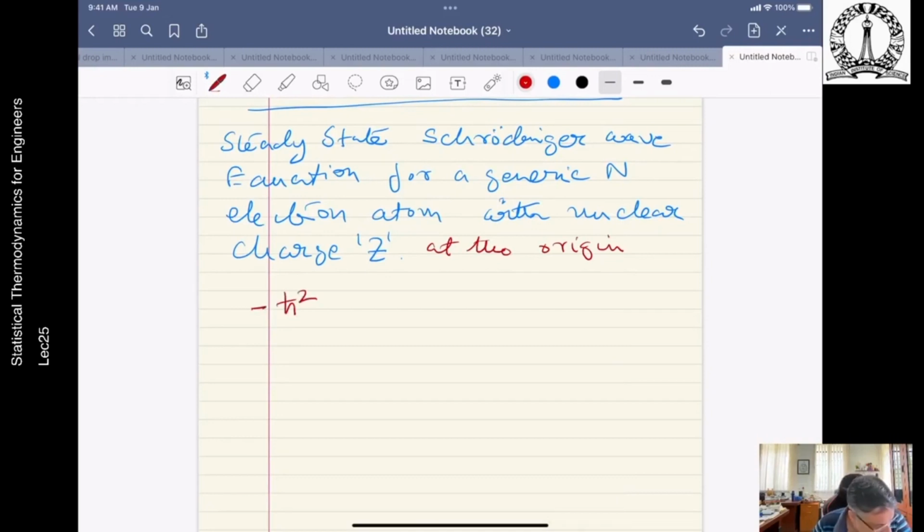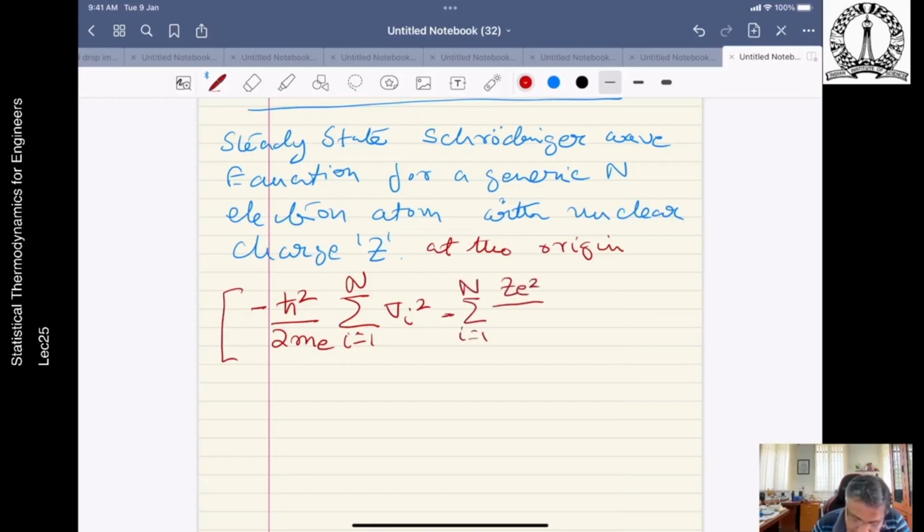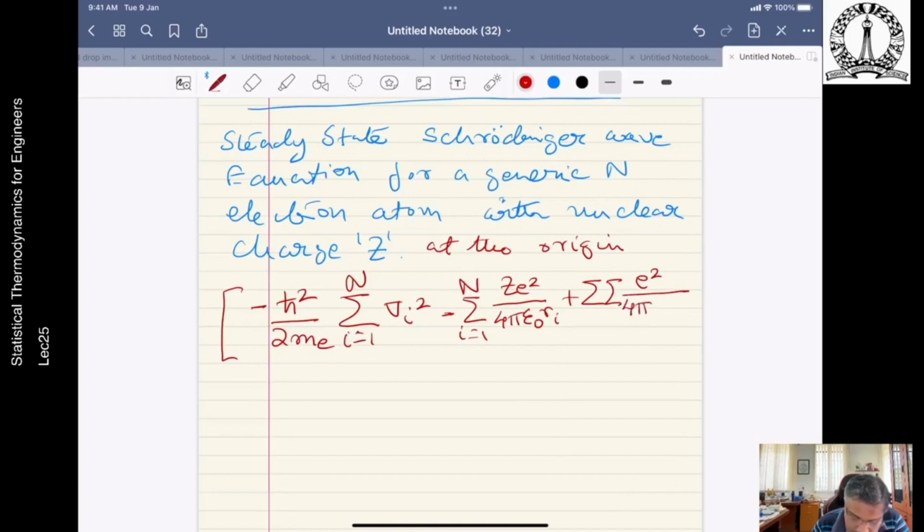So minus h bar squared by 2 me, summation i equal to 1 to n, del i squared, minus summation i equal to 1 to n, and the last term with j greater than i. This entire thing is multiplied by psi.